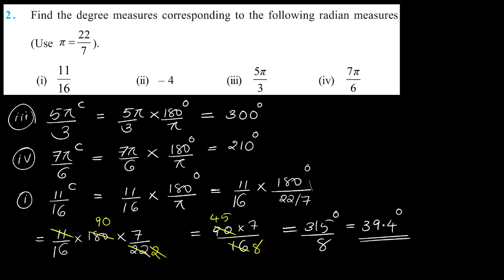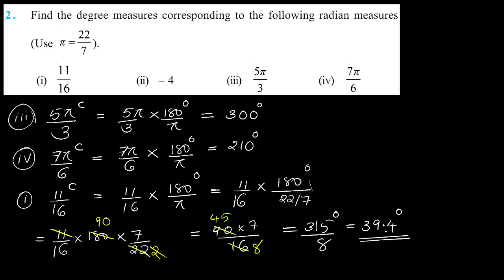Okay, understood? All of it clear? Yes, sir. We may split into degree and minute separately. I will show you, but it is not necessary. Remember, it is not necessary. Let me complete it. Actually, I got the answer.